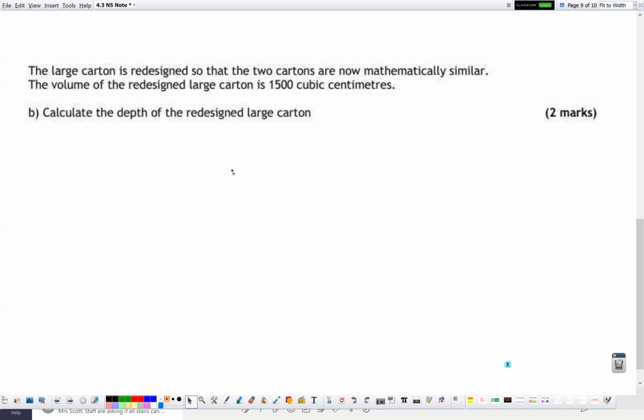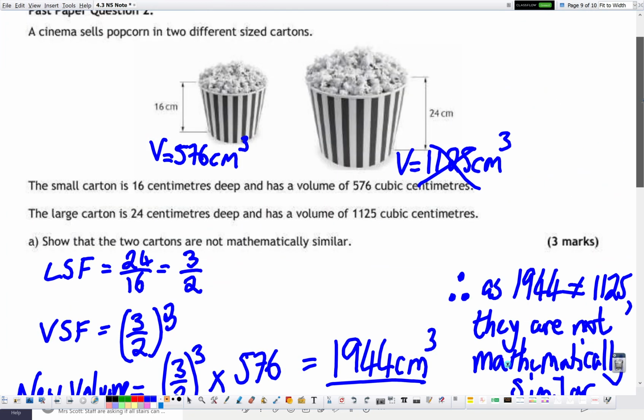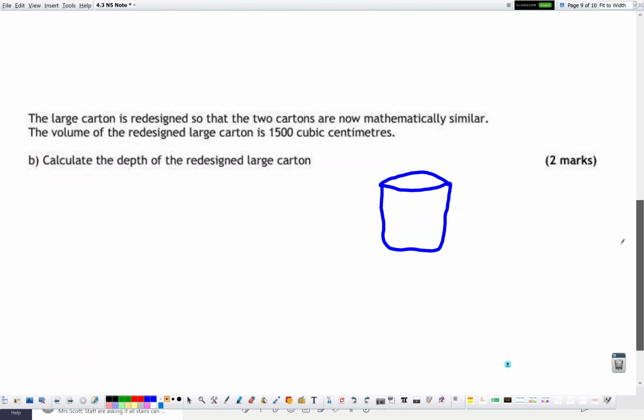So this time the height has now changed, or the depth. So now calculate the depth of that redesigned large carton. Just to remind ourselves, we've got two tubs here. The smaller carton, the depth or the height was 16 and had a volume of 576.